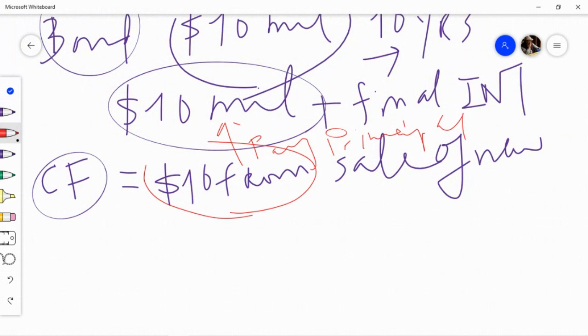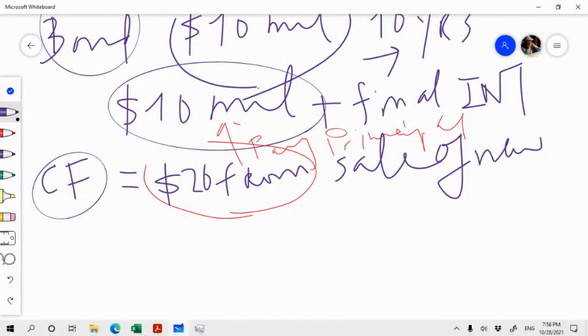And if you sold more than 10 million in the new sale of bonds, let's say you sold 20 million, then 10 million out of that 20 million will be paid out to the existing bondholders, right?